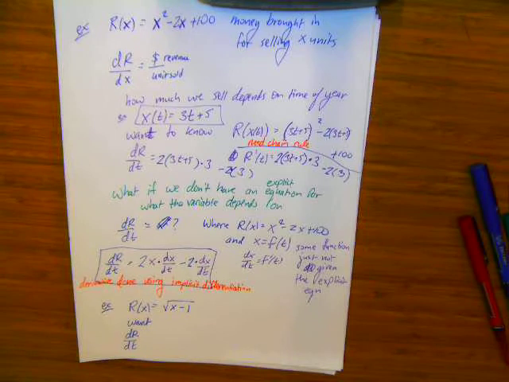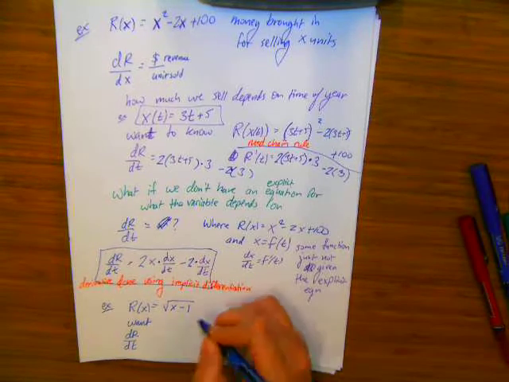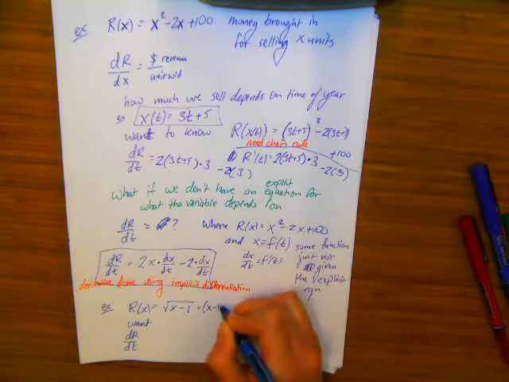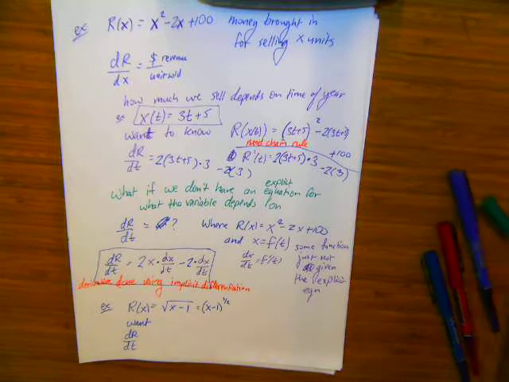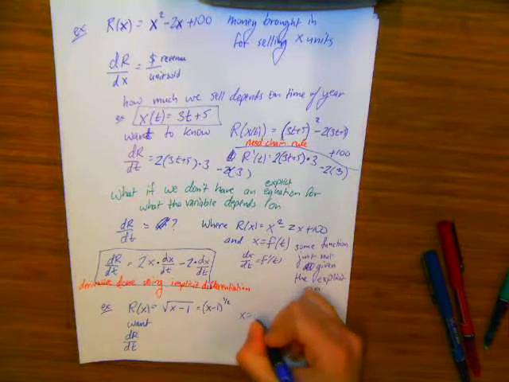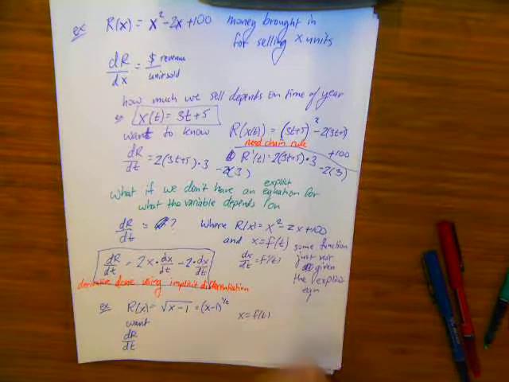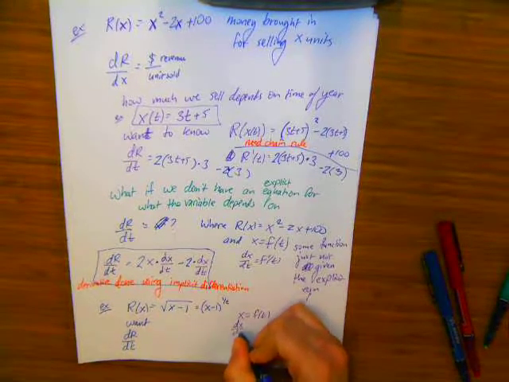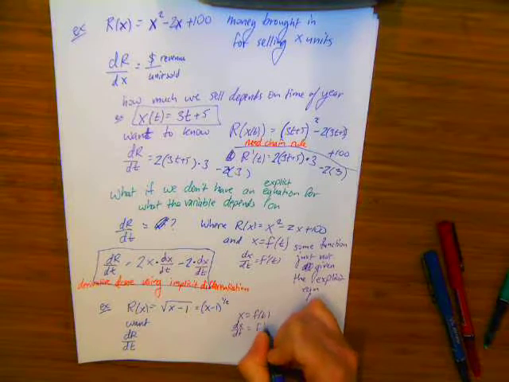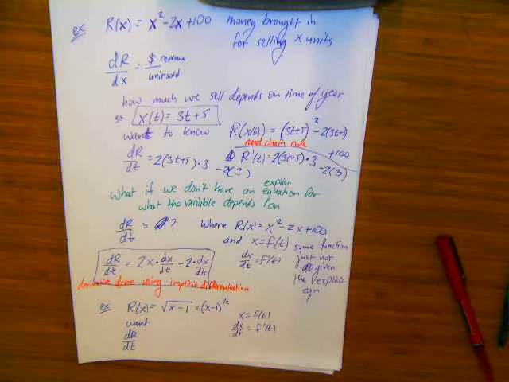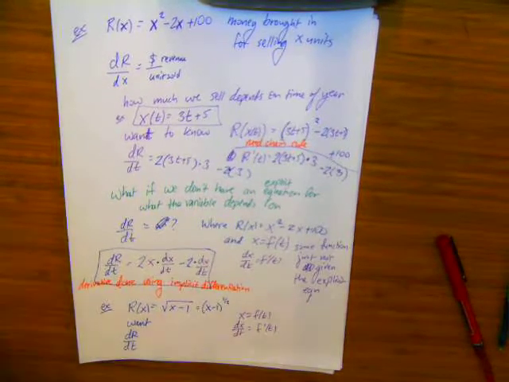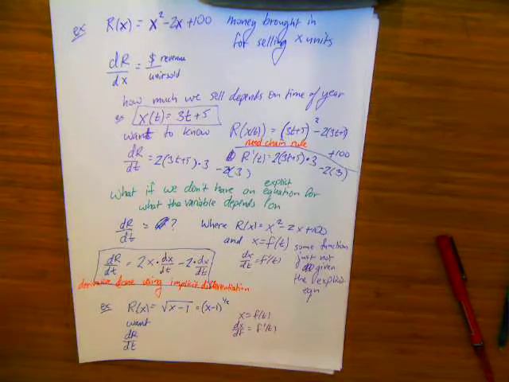But we still know how the steps work, right? x is some function. I don't know the actual equation for it. The derivative of it I can represent with that notation. And so I'm just doing what I'm asked to do, which is do the derivative with respect to time. This is the relationship I'm given. If I know these rates of change, I could plug that in later.